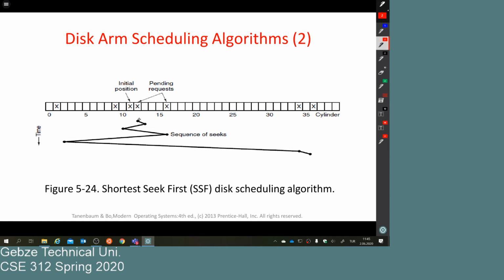I move to 12, then 9, then 16, then 1, and then 34 and 36. This is the total time of travel, 61 cylinders. Shortest seek first.